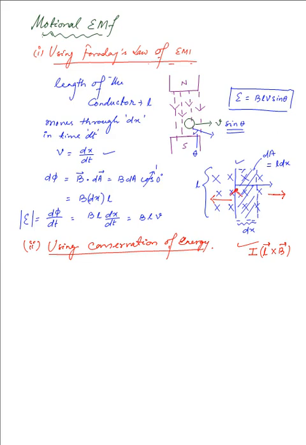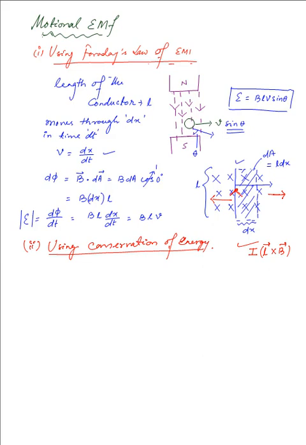So the current moves in the upward direction, and we consider the direction of the length along that line, and from L cross B, the cross product gives us the force to be acting in the opposite sense, so that the net force that acts becomes zero because there is no acceleration involved. The force that we employ to move the object towards the right hand side is constant.